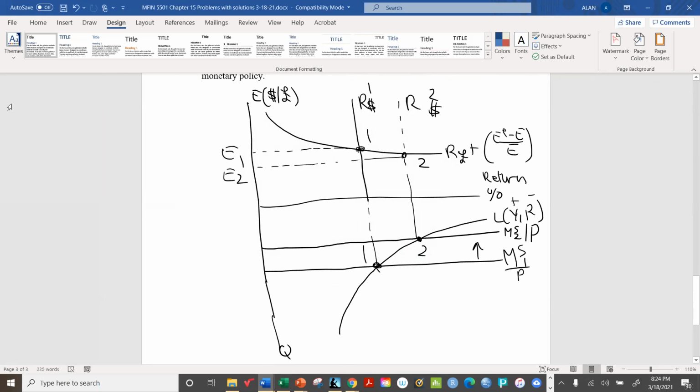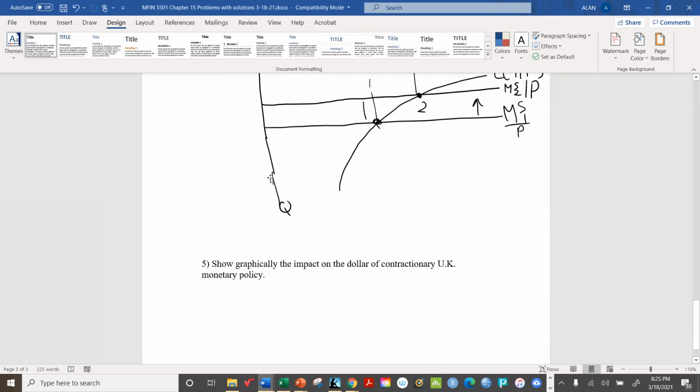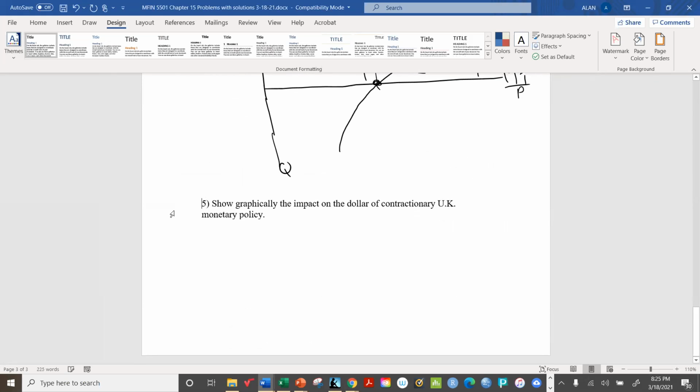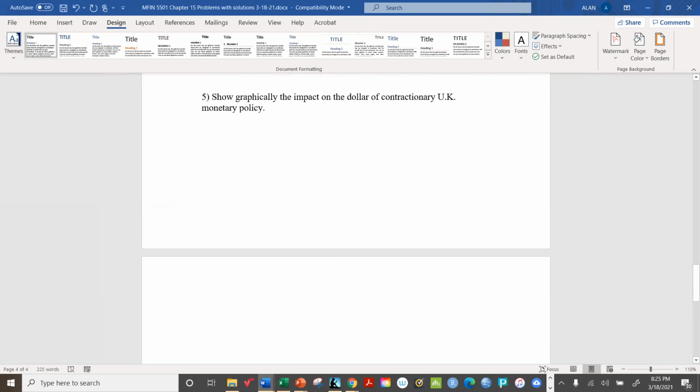That's all we need to illustrate what happens with a change in UK monetary policy. All right, so let's try it. Now, of course, contractionary UK monetary policy will increase the UK rate of interest.